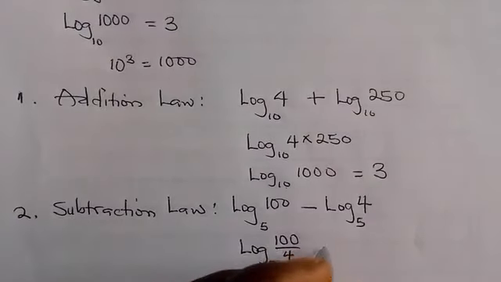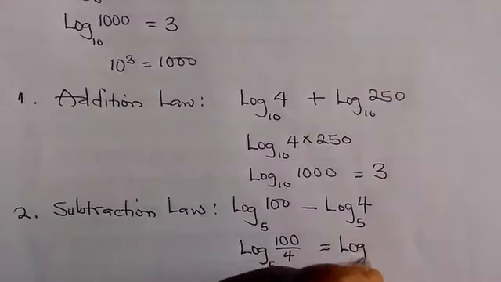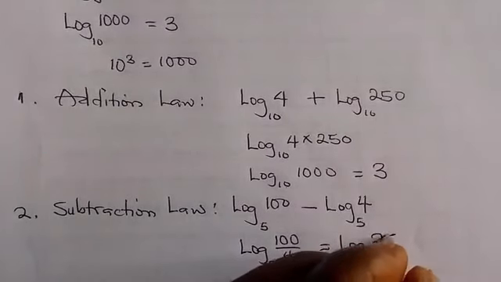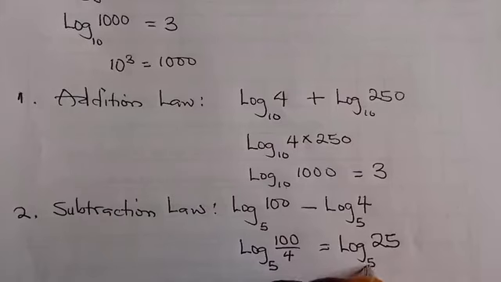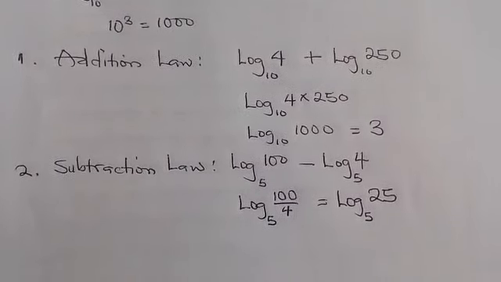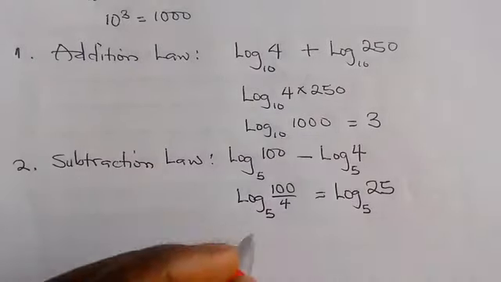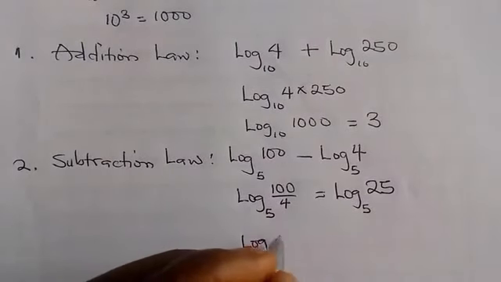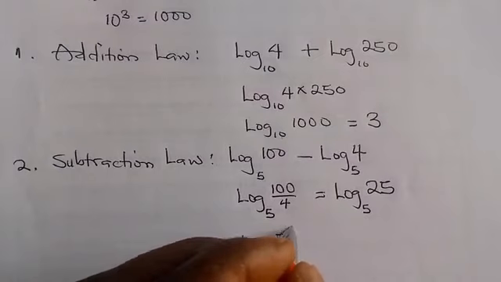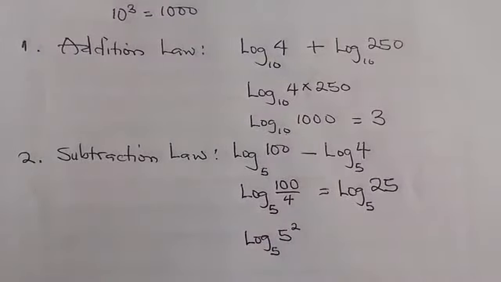So this is equal to log 25 to the base of 5. Log 25 to base of 5 can be expressed further as log 5 raised to the power of 2 to base 5. And this is equal to, this is another law we are going to see in the next law of logarithm.